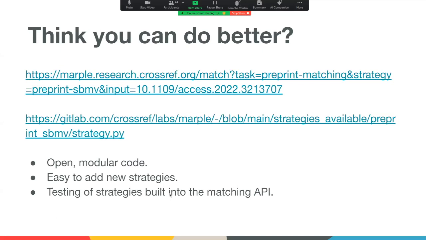Just a question from Amy about the encoding. Some of our members submit titles, for example, with JATS encoding in the title, or occasionally with something like LaTeX encoding, and that's saved in our database.